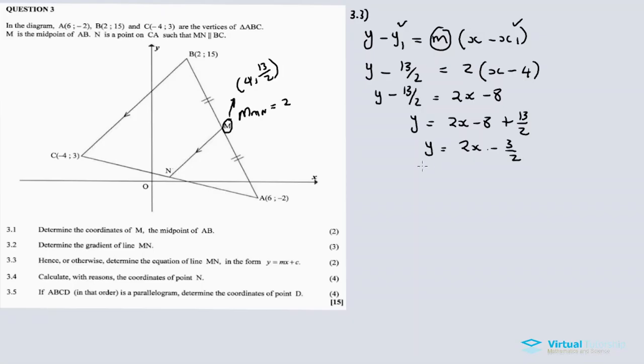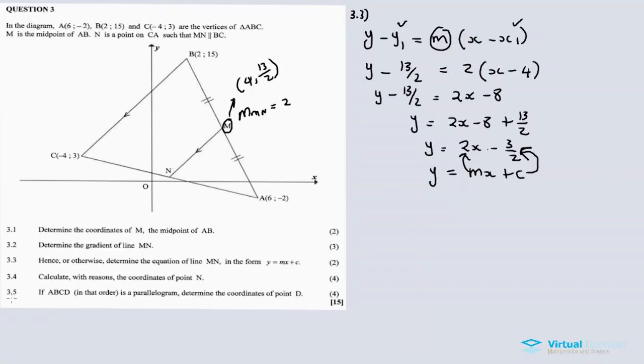So this is the equation of our straight line MN. It's in the form y equal to mx plus c. This is c, which is also the y-intercept, and then m is our gradient.